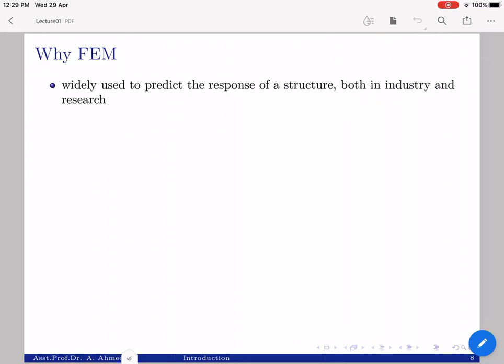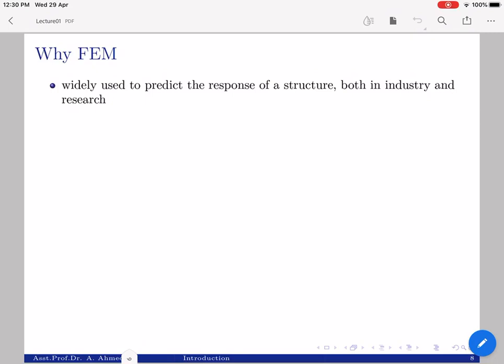Yeah, one of the reasons why you are learning this course is that it's a widely used method to predict the response of the structure. Of course, whenever we want to find out whether the structure will fail under a certain type of loading or not, or how the structure will behave, what will be the deformations in the structure, or if a structure is subjected to some temperature load, what would be the heat flux in it, or if a structure is subjected to some chemical load, what will be the damage or other effects in the material.